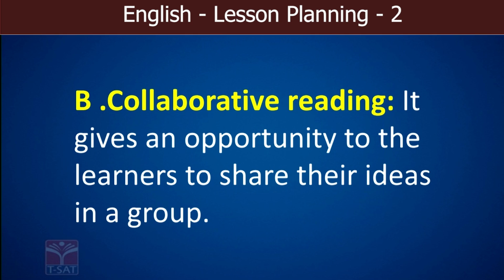In a classroom with 40 or 50 students, all the learners share their ideas in a group, what exactly they understood by reading that particular segment. All the ideas come out with this collaborative reading. This is a good platform for sharing ideas among each and every individual. This is the other type of reading.